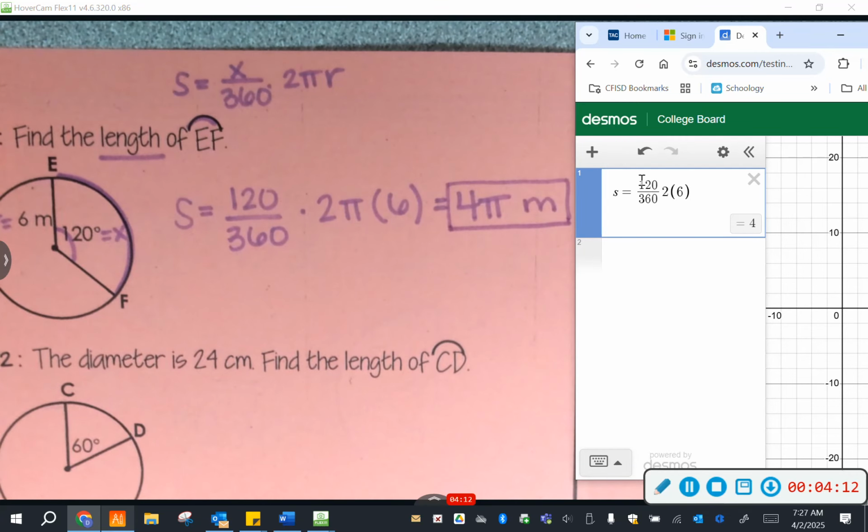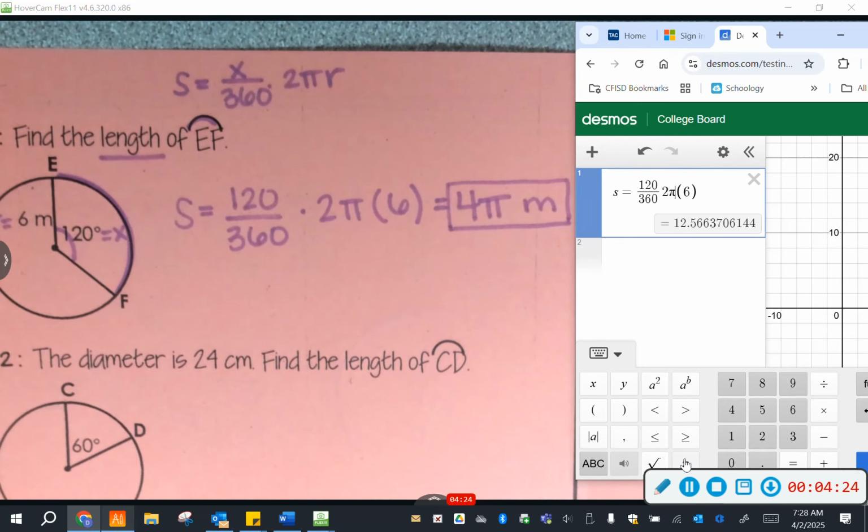Could you put pi? You can. If you put pi to do it in Desmos, you can just put pi and it turns into the pi symbol. Or if you have the keyboard up, there is a pi symbol down here, if y'all can see that. If you put pi, I'm actually going to prefer y'all don't.